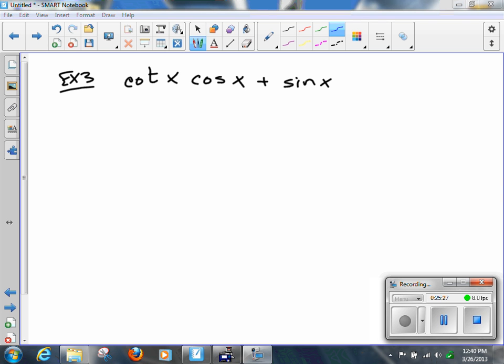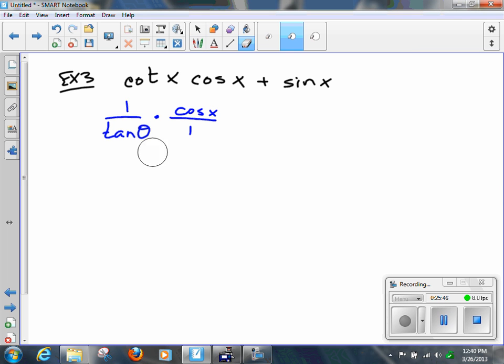Now, cotangent is one of those things where you've got two different ratios. You have 1 over tangent, and then you have cosine over sine. Let's look at this. If I were to put 1 over tangent, is that really helping me?